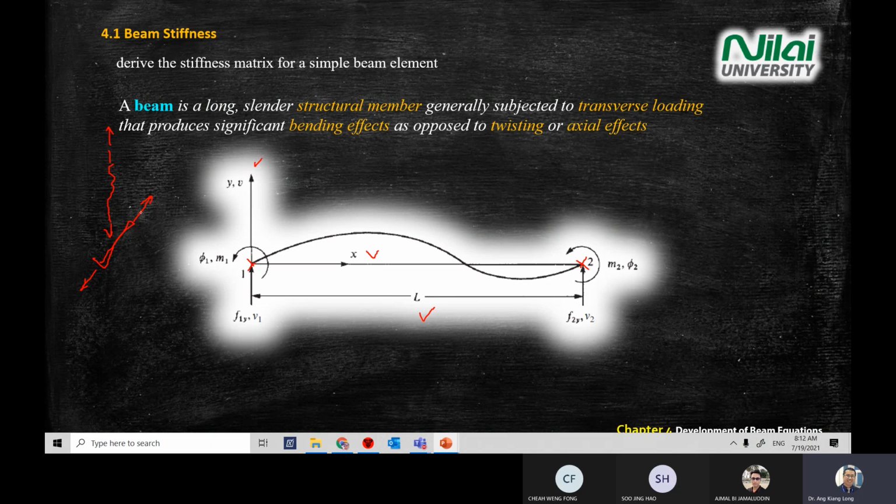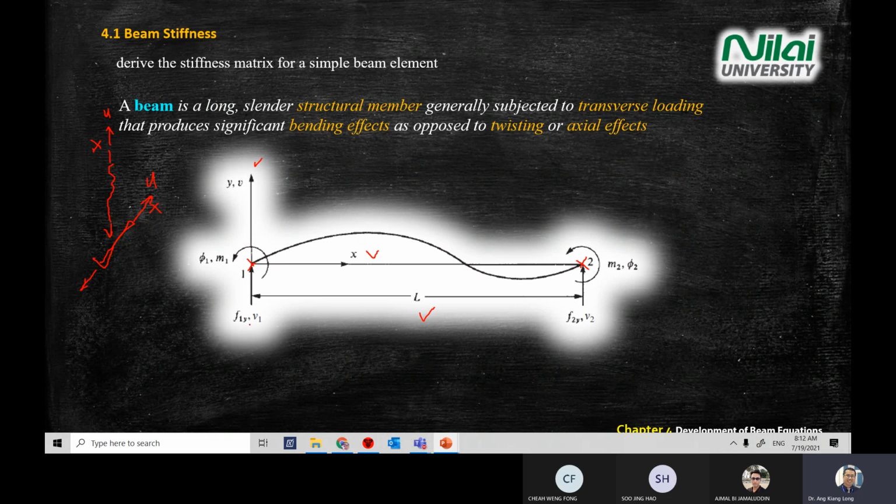For spring and bar, you use u if it's along the x-axis. Same with the spring: if this is the x direction, you have a u displacement. However, for beam, you have the y direction. There's no u direction, there's no x direction.